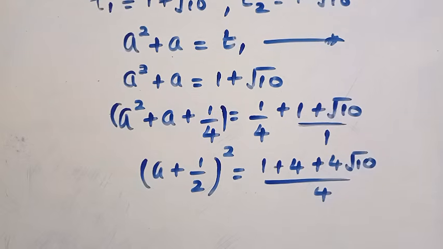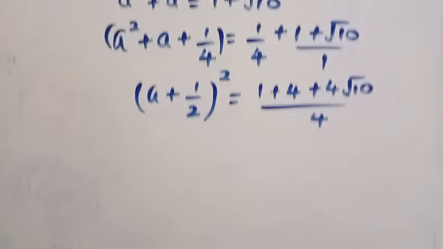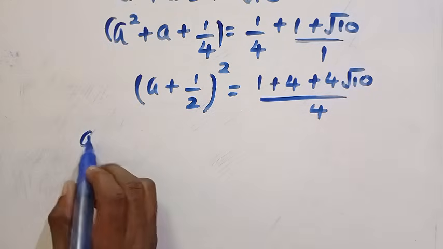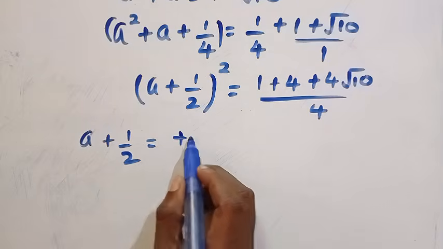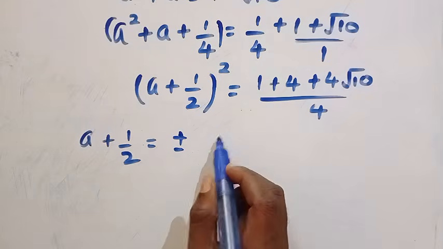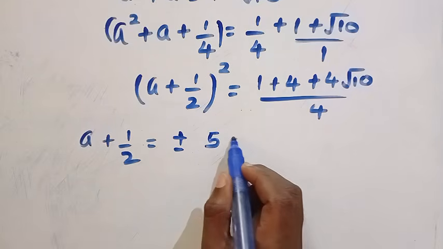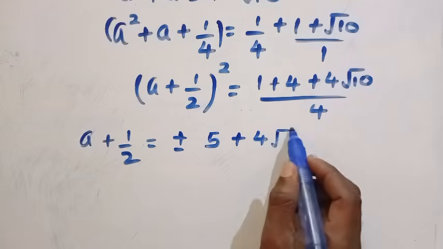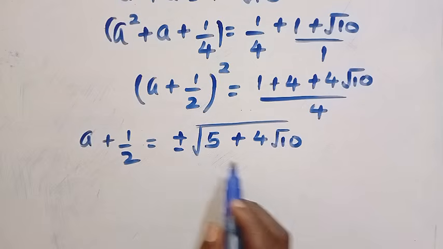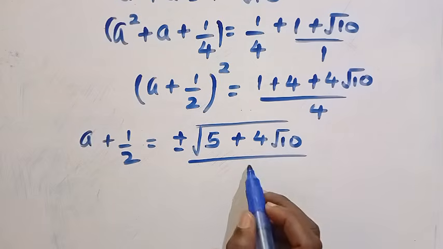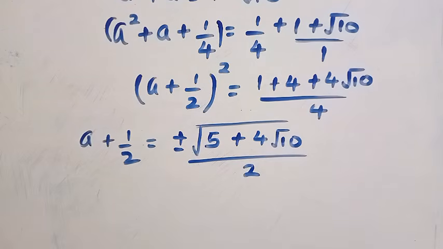And if I take the square root of both sides, what we have here becomes a plus 1 over 2 equals plus or minus, 1 plus 4 gives us 5, plus 4 square root of 10. Since I've taken the square root, that is why I introduce plus or minus, then divided by the square root of 4, which gives us 2.